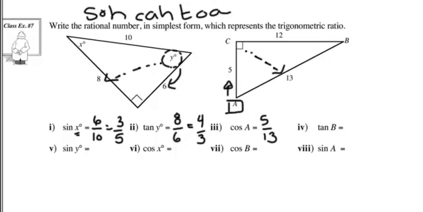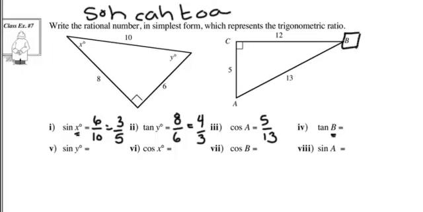Let's erase some of my work there to do the next one. So the tan of angle B, that's in the second triangle as well. In relation to that angle, they want the opposite side over the adjacent side. Now remember, 13 can't be adjacent because it's the hypotenuse.